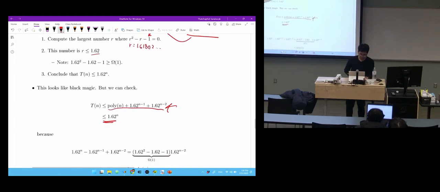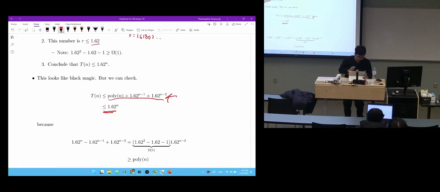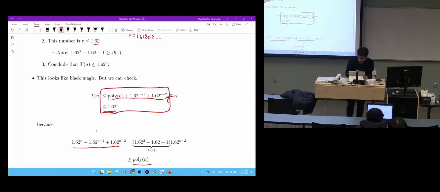And now what I need to do is just to show that this whole thing is greater than poly(n), right? This is true if and only if this thing is less than this, if and only if this thing is more than poly(n). And to do that, just do some calculation, and it works out. So you are confident that this is actually true.